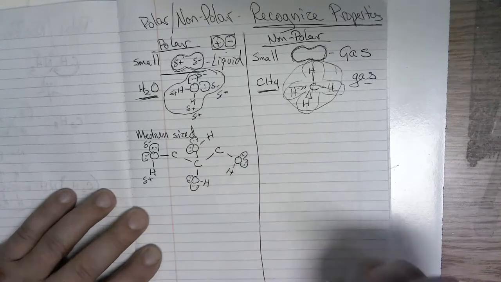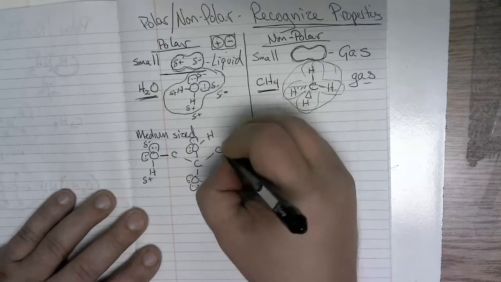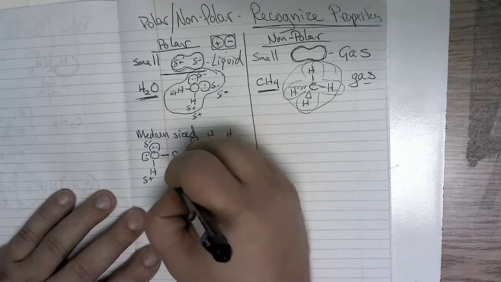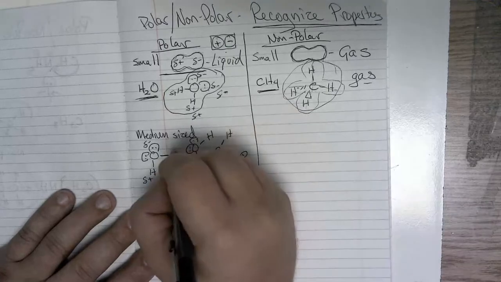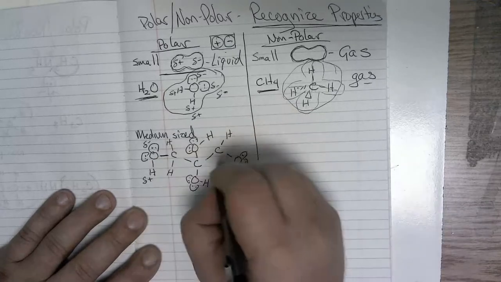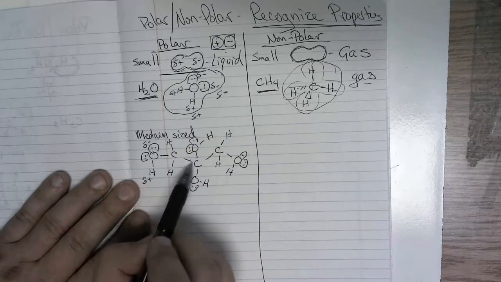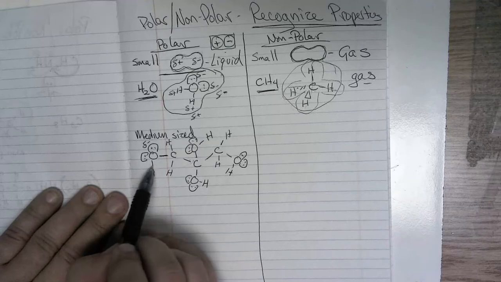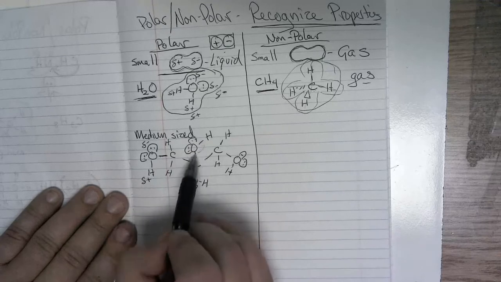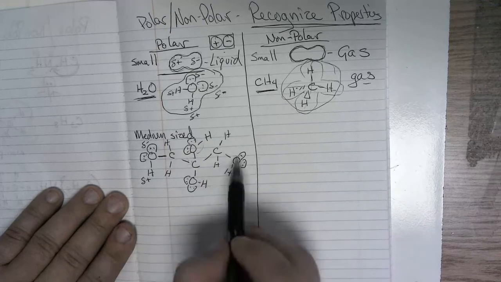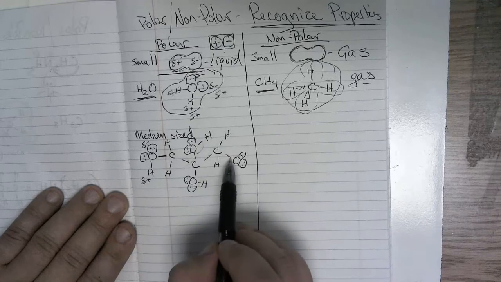I'm just making up a molecule right now. And then let's say I just had an H there, and an H there, and an H there, and an H there. Let's double check. Our carbon has all 4 bonds. Our oxygen has 2. This oxygen has 2, and this oxygen has 2. This carbon has all 4, and this oxygen has 2.